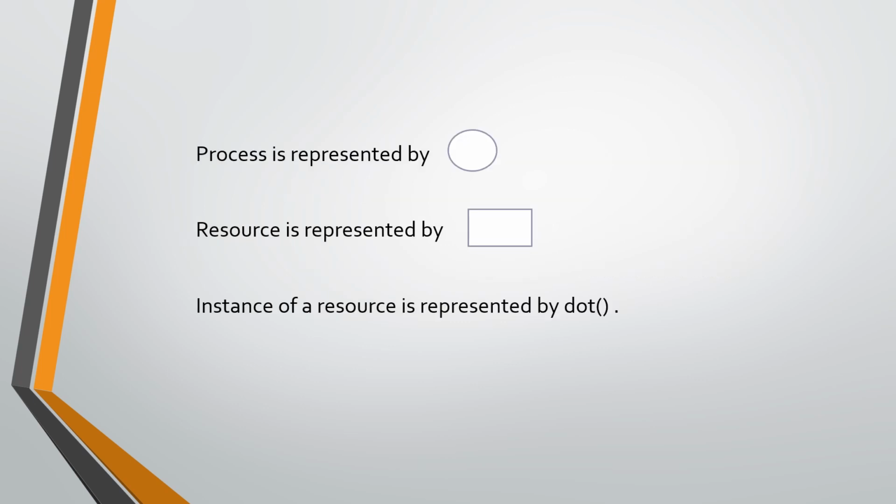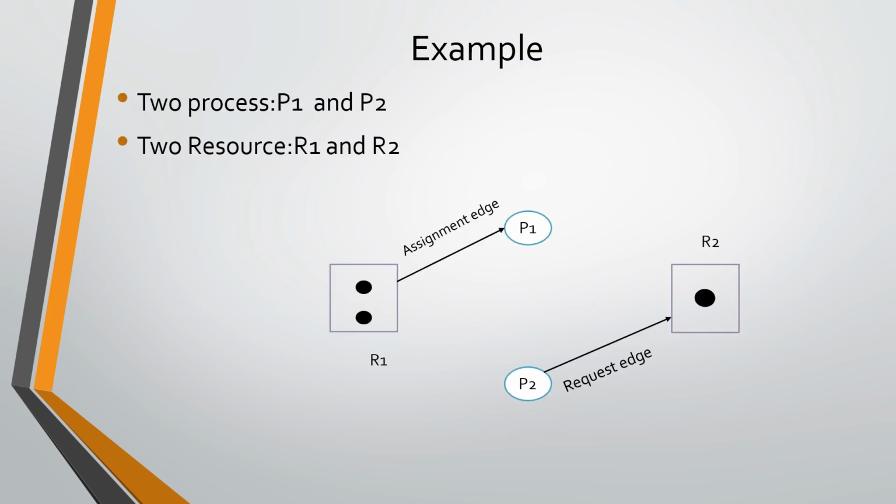A process is represented by a circle or oval shape. A resource is represented by a rectangle. An instance of a resource is represented by a dot. For example, if we take two processes P1 and P2 and two resources R1 and R2.